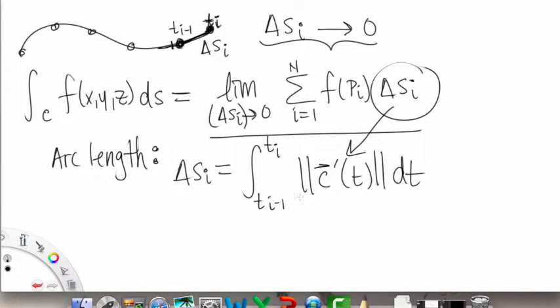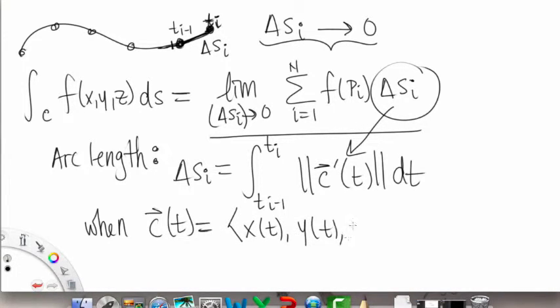Now you might be wondering, what's c? I don't know where that comes from. But this is when I'll say what t is. So c of t is a vector. c of t is equal to the following: x of t, y of t, and z of t. At this point you might recognize this as a parameterization, and it is.